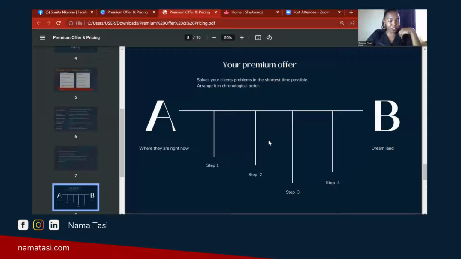I've achieved my result. Your offer is supposed to be like that. It's supposed to be placed in a chronological order also, to maximize the output.